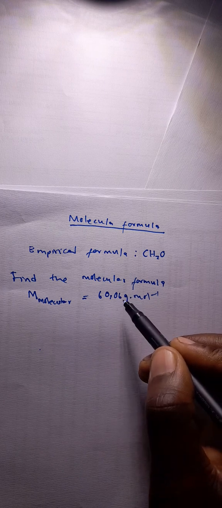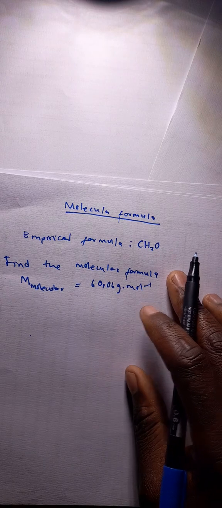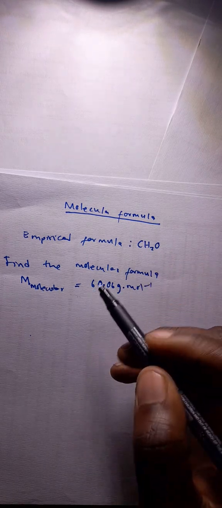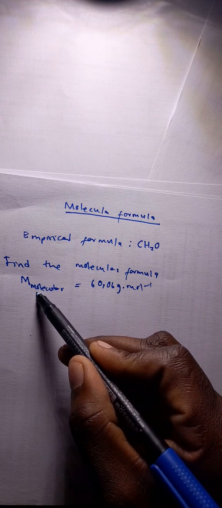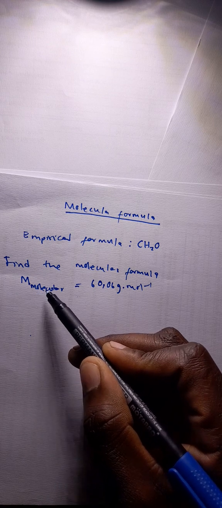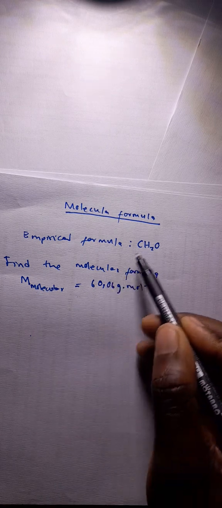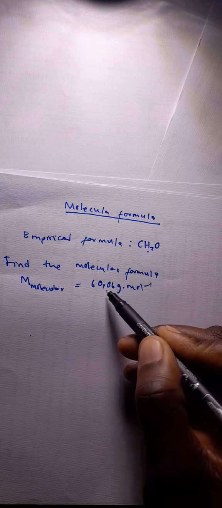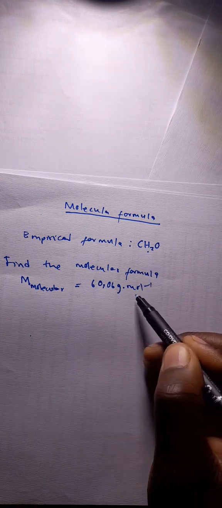In fact, you are looking for the molecular formula, and they've provided the molar mass of the molecular formula. Let me repeat that, because my words are all over the air now. You are going to look for the molecular formula of a certain compound, given the empirical formula and the molar mass of the molecular formula.